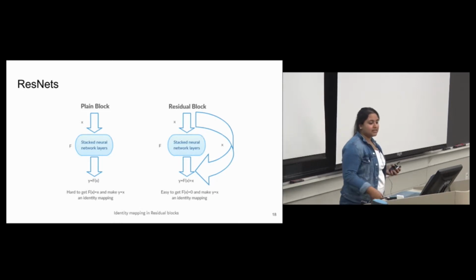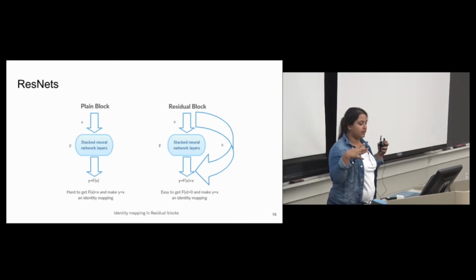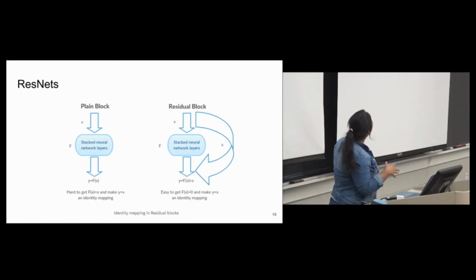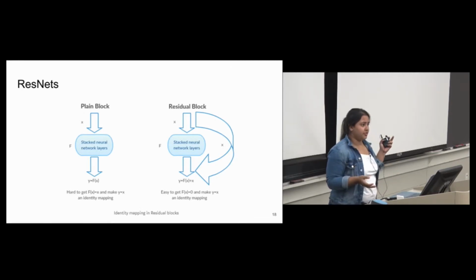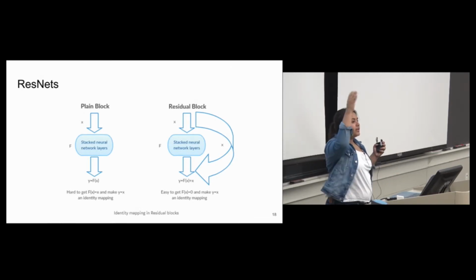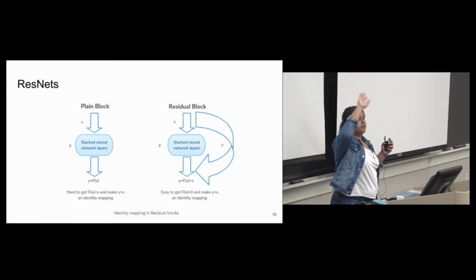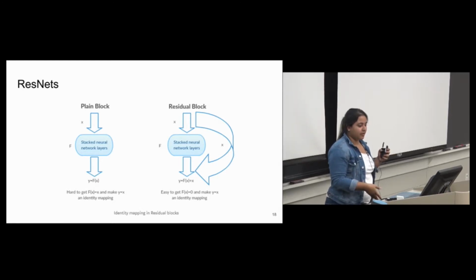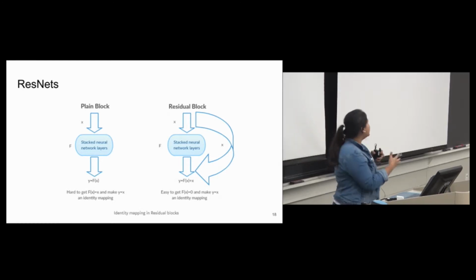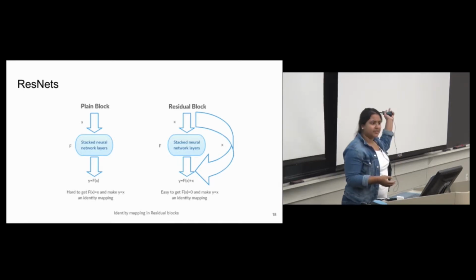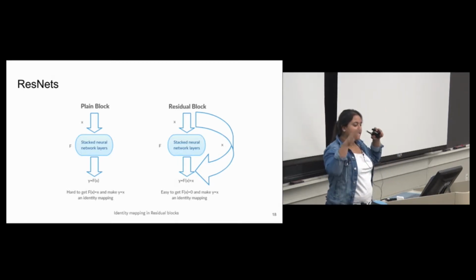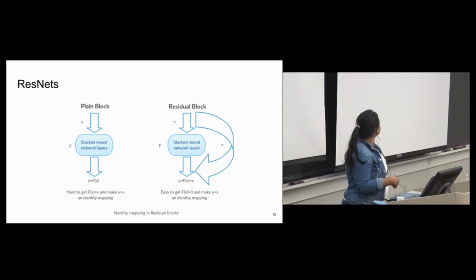ResNets are networks where you have skip connections. What you do is you take the input of a previous layer and you fast forward it to a deeper layer below, and we use an identity function. In most cases it's an additive identity function where we add the input from the previous layer and the current input from the stacked neural layers, as explained here.